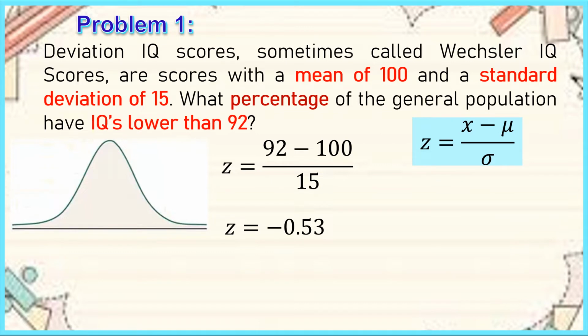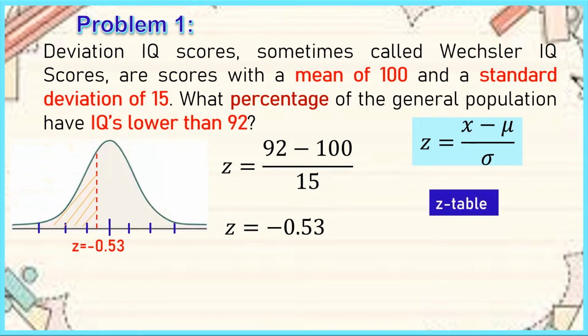To understand how to find the percentage of the general population with IQs lower than 92, we use the normal curve. z equal to negative 0.53 is located here, and we are going to determine this area. We get the value in the z table, which is 0.2981.